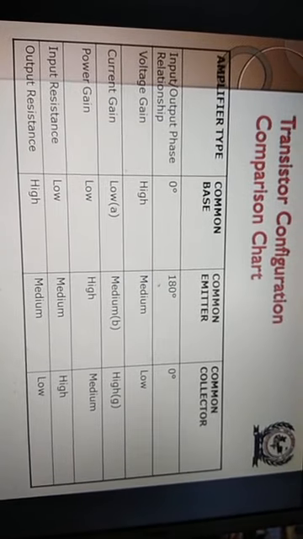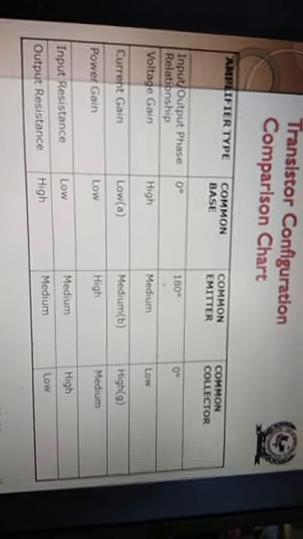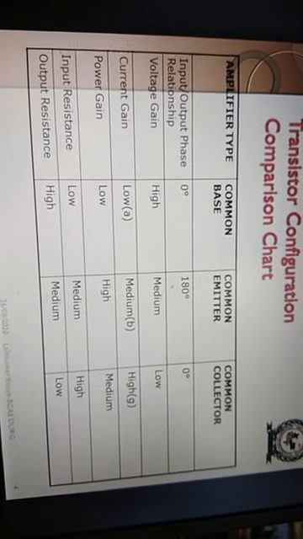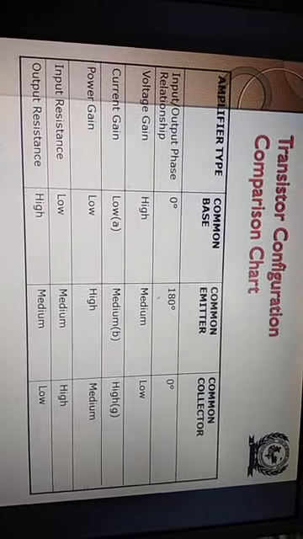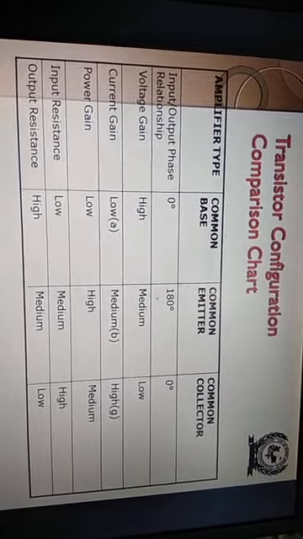It will work like a voltage follower, an emitter follower. But the input impedance is very high. That's why we can use it as a buffer or for isolation. And common base configuration can be used where we require the lowest current gain.